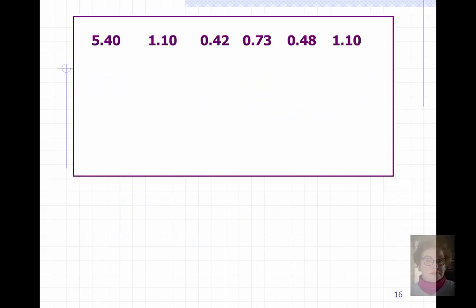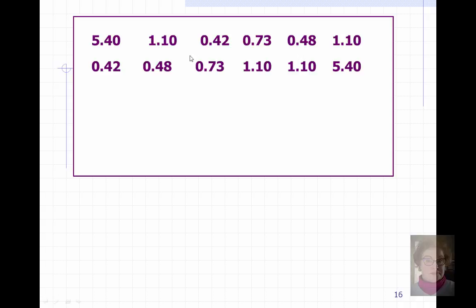So here's an example of a data set, and you'll notice they're not in order. So the first thing I must do is put them in order. Now I have 6 pieces of data. So I'm going to do 6 plus 1 is 7. 7 divided by 2 is 3.5.